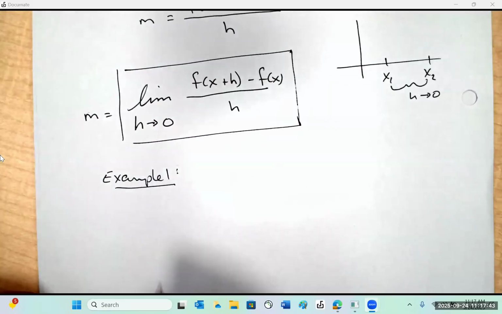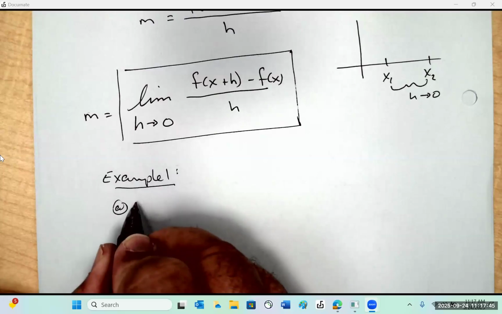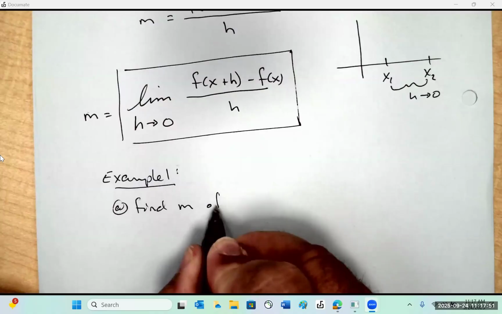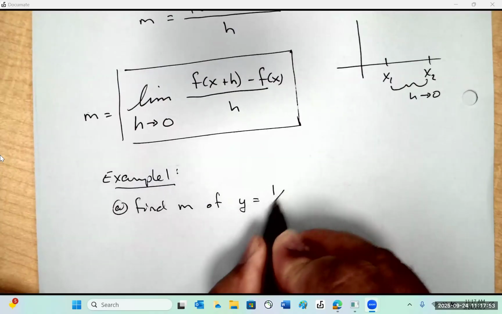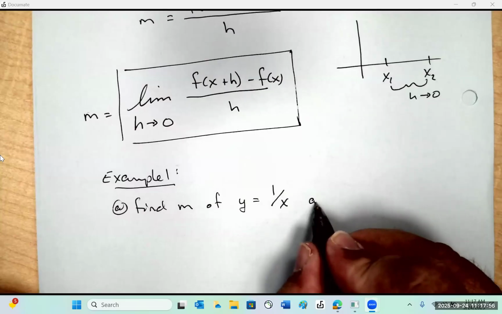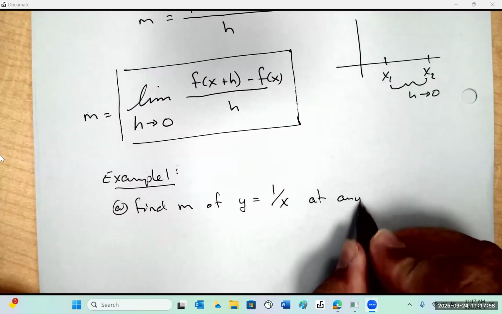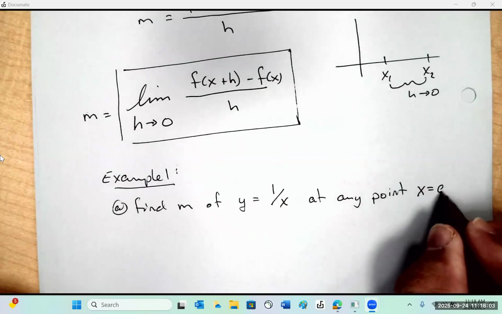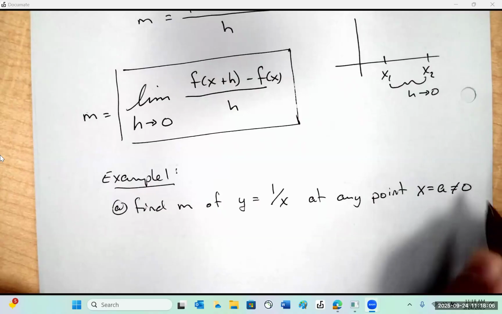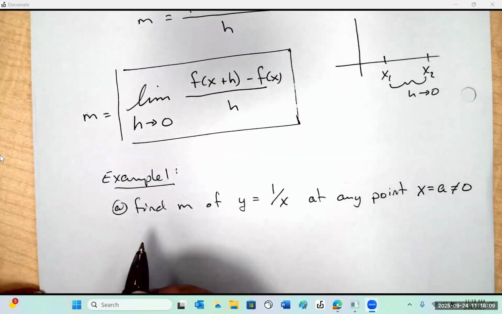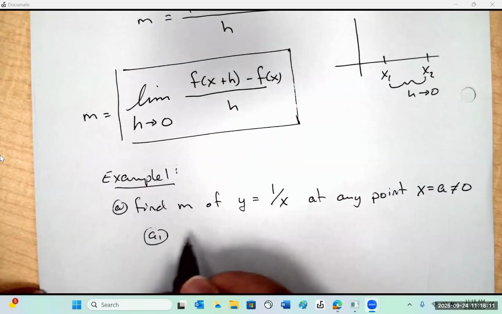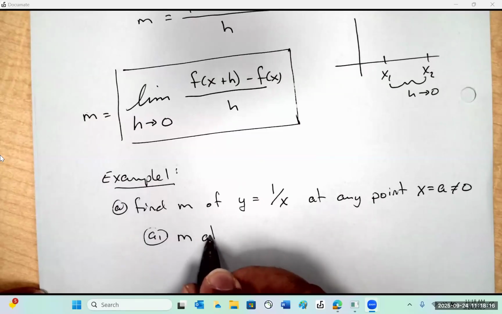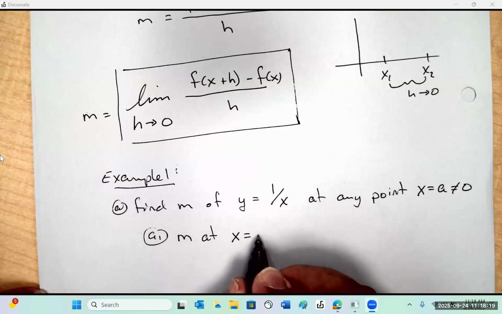Example 1. A. Find the slope of y equals 1 over x at any point x equals a that doesn't equal 0. A1. What's the slope at x equals -1?